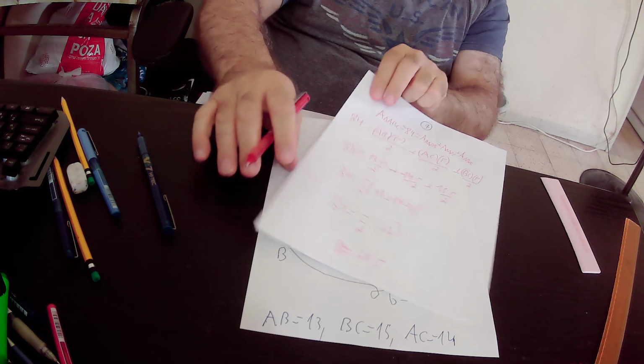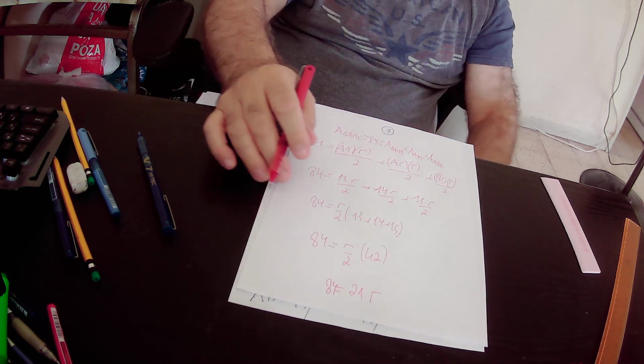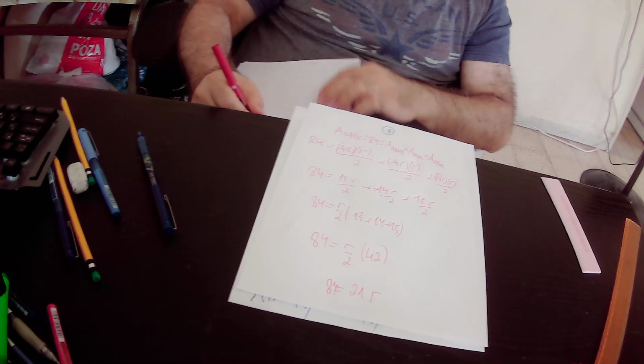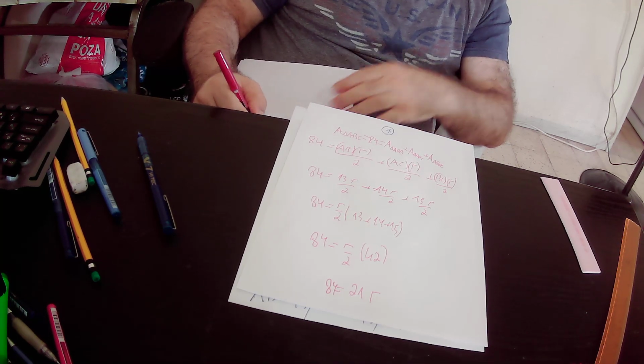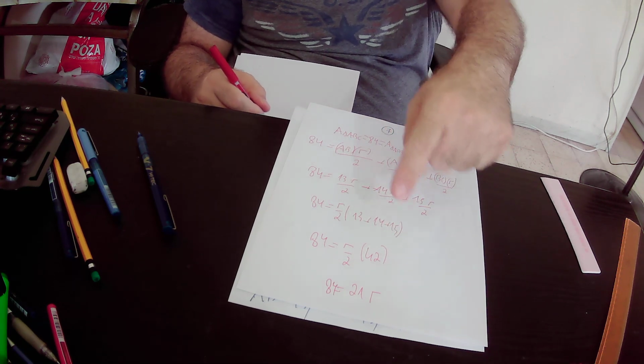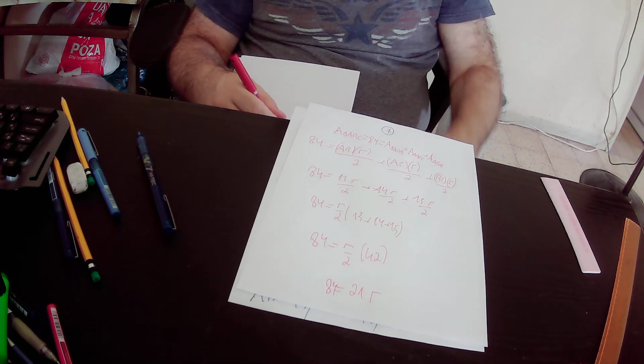So in total we got that 84 equals 21 times the radius of the green circle. Here we will divide this equality by 21 in order to get the radius of the green circle.